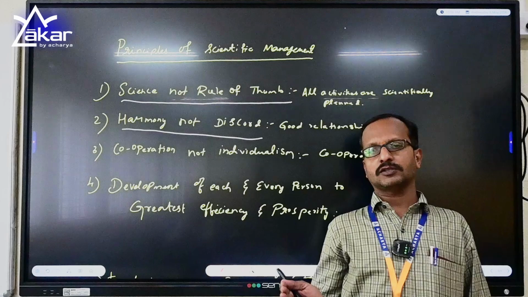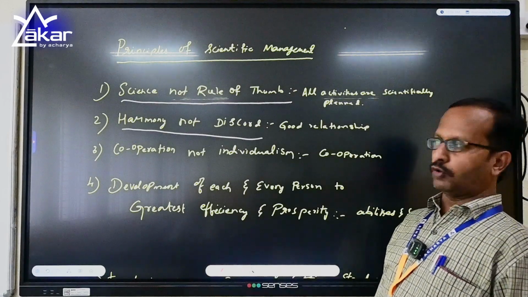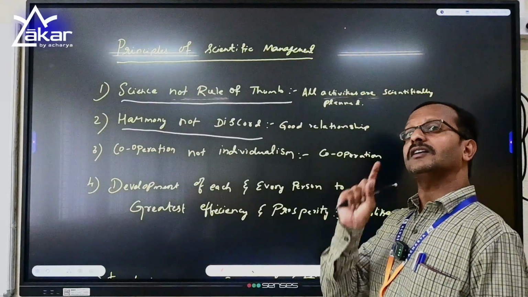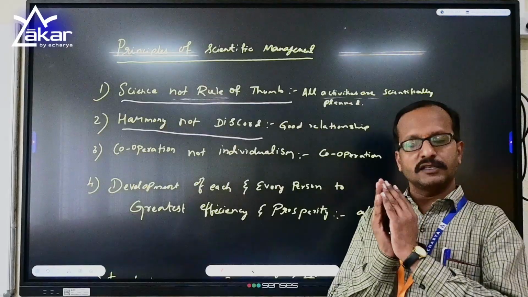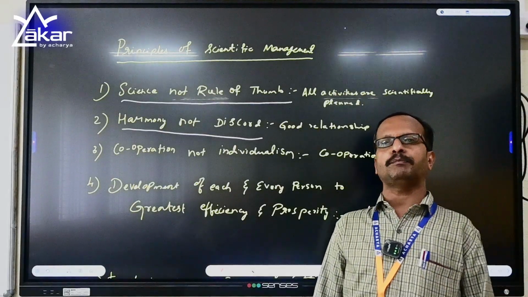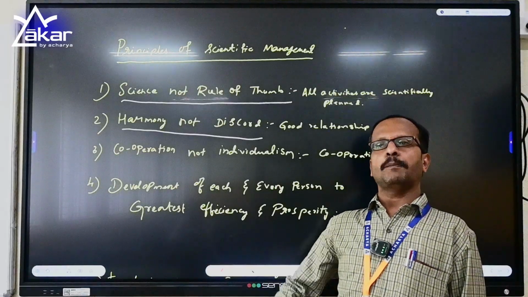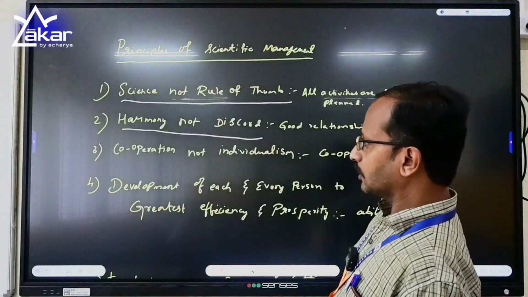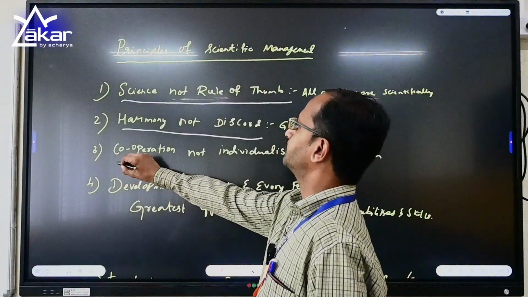Without a proper relationship, you will not be able to achieve the goal. So he says to have harmony but not discord. It is nothing but a good relationship between the employees of the organization. This is the second principle, which is very important for achieving the organizational goal, given by F.W. Taylor.